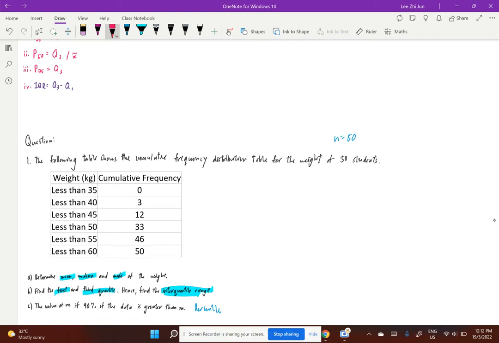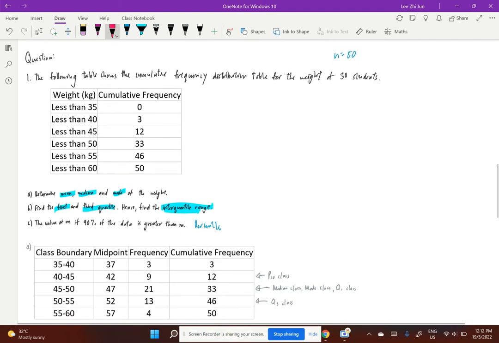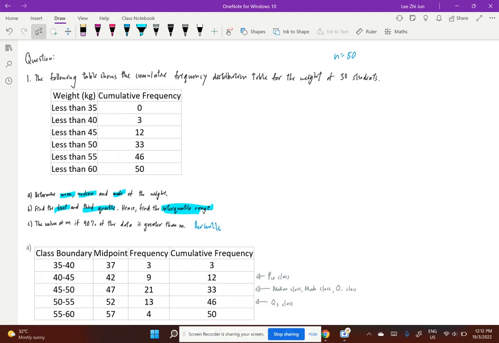So A, mean. For me, I construct the table, adding on the midpoint and the frequency. For the frequency, how to calculate it: here is 3, 12 minus 3 is 9, 33 minus 12 is 21, and so on.